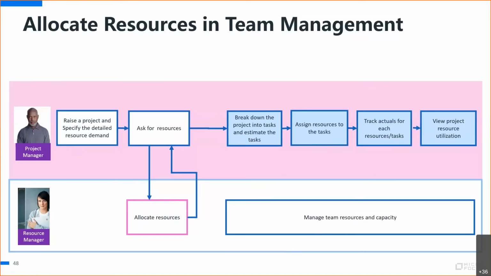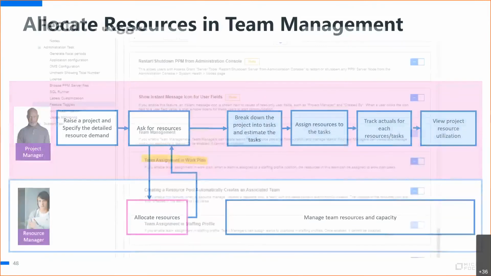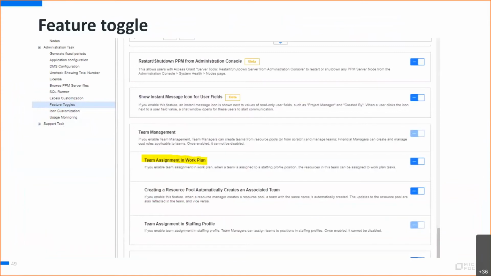At the end, you can see the project resource utilization. As most organizations are in a transition phase, going from waterfall to adopting the new agile methodology, what PPM does is allow teams to allocate the resources at the team level or at the individual level also.